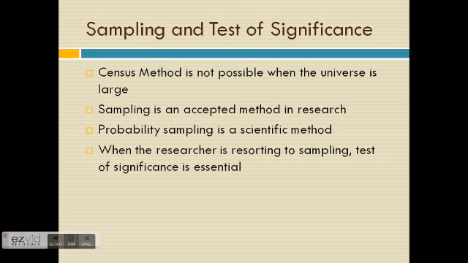This is the way in which he has to select the sample. Once he has selected the sample, and with the help of the statistical data proceeds with his research and makes decisions, the test of significance can be used, and this is the way in which the research will be more appropriate and more scientific, and will serve the purpose of academic research.